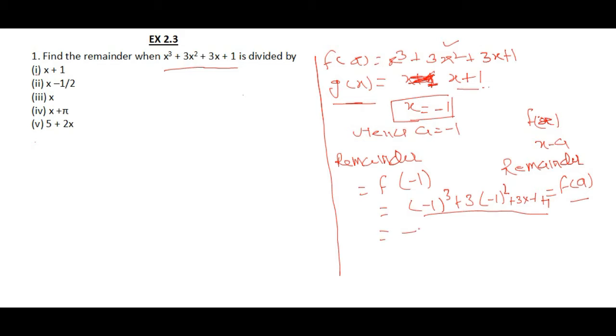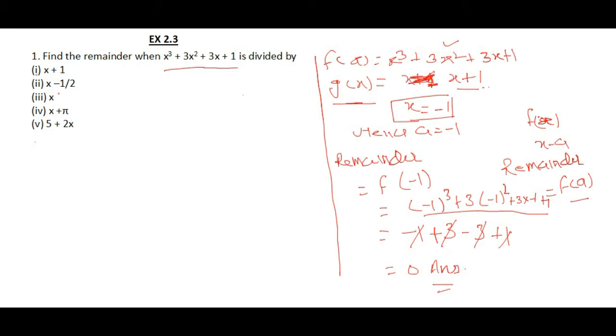Minus 1 cube will be equal to minus 1, plus 3 times the square of minus 1, which is plus 1, so 3, then 3 multiplied by minus 1 is minus 3, plus 1. So what will we get? The 3 will cancel out, and similarly the 1 will cancel out. So the remainder is equal to 0. So the answer of the first question is: the remainder is 0.